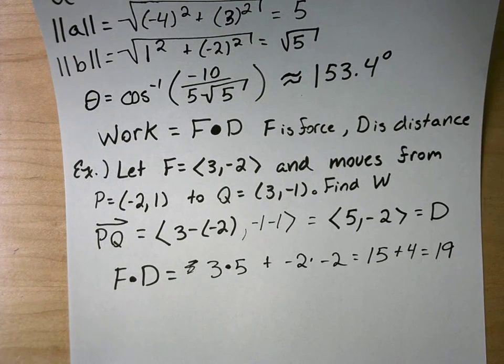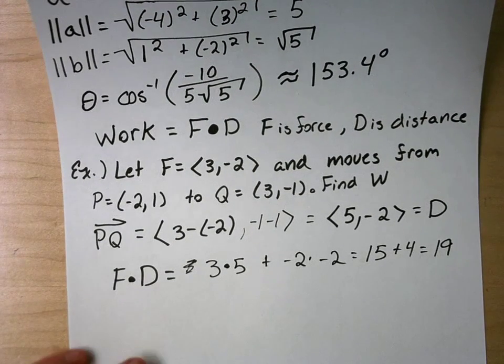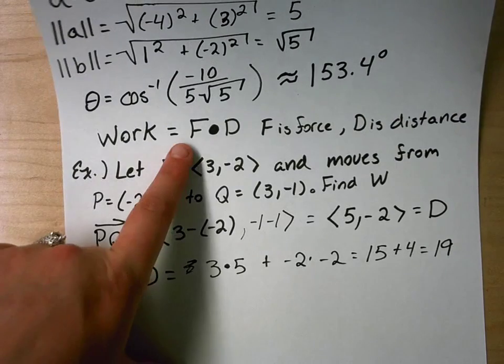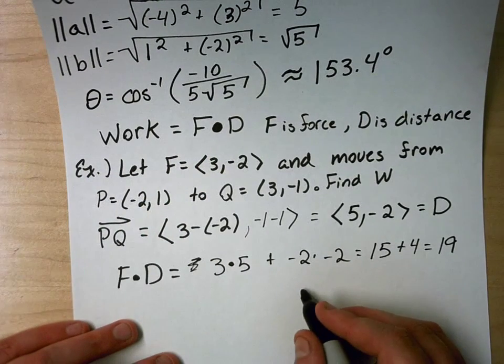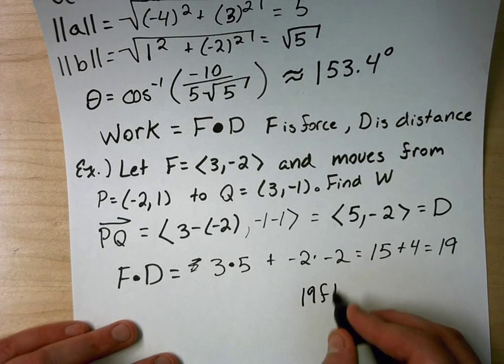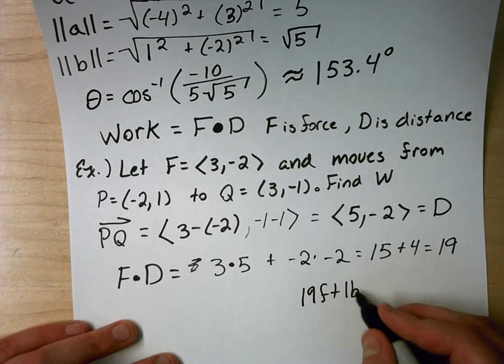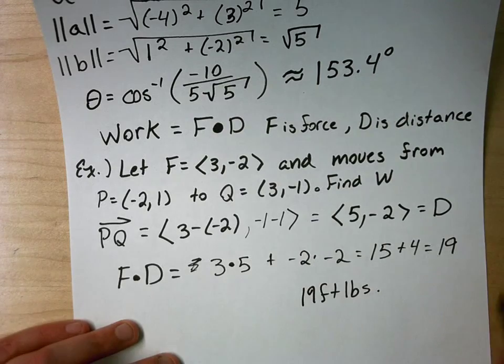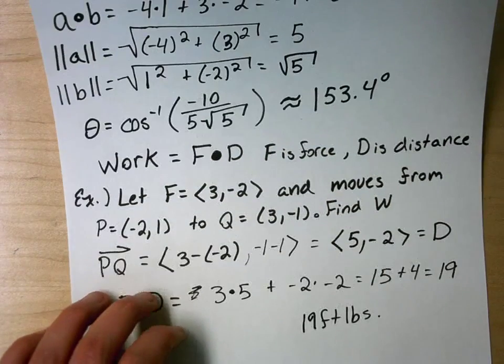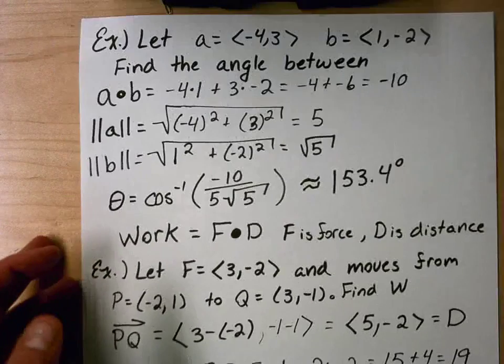Now let's say that my force was in pounds and my distance was in feet. Then this answer would be 19 foot-pounds. And that concludes the lecture portion of section 8.3.